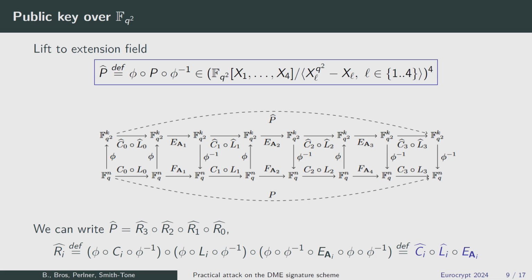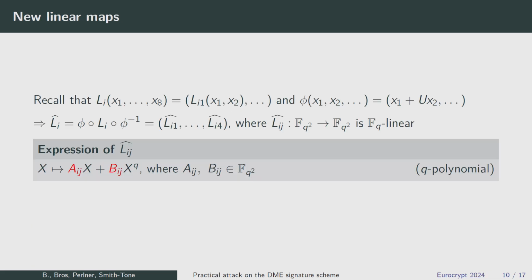In their definition, on the bottom right, we recover the EA map from before, but this time we have a linear map and an addition of constants which are also over the extension field. And so the advantage here is that my new linear maps have a much nicer expression. Why? If I come back to the previous one, it was acting only on pairs of 2 consecutive coordinates, and also my isomorphism phi takes 2 consecutive coordinates over the small field to map them to one big field element.